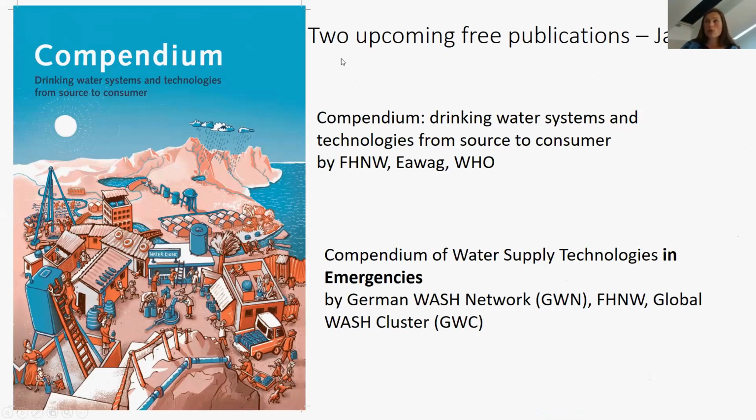So there will be two publications coming up by the end of 2020. One is a general compendium for drinking water, which focuses more on the development context and also has some long-term solutions in it. While the compendium of water supply technologies in emergencies focuses specifically on the emergency context, from the acute phase, stabilization phase, and recovery phase. So there is some overlap of both documents, but they're two independent publications.